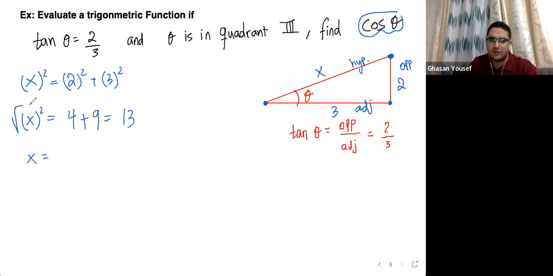Take the square root of both sides: x equals the square root of 13. Any question? How do I know? By using the Pythagorean theorem.